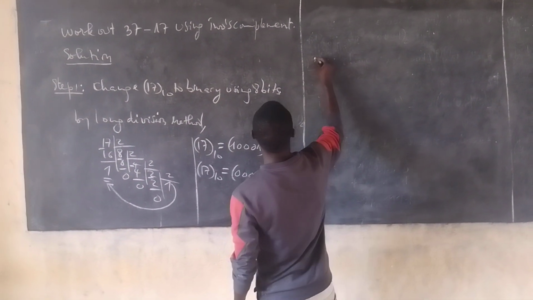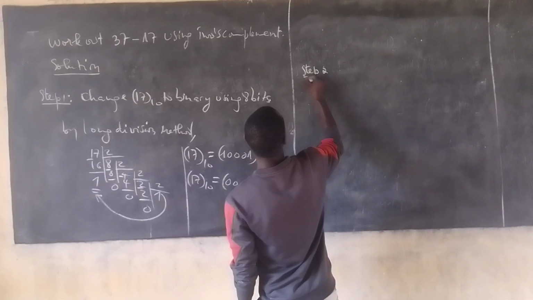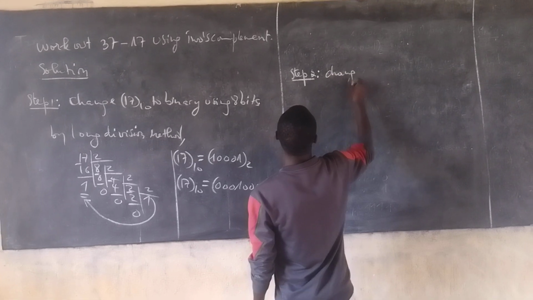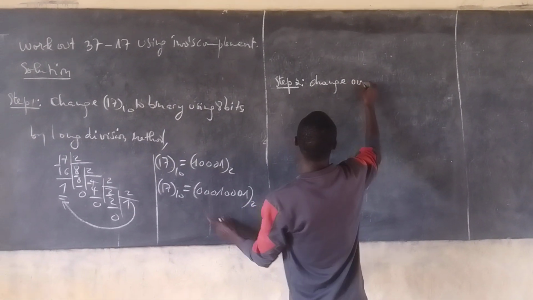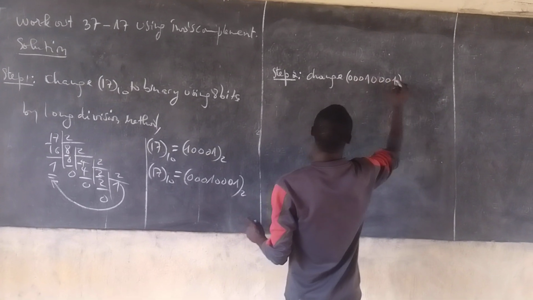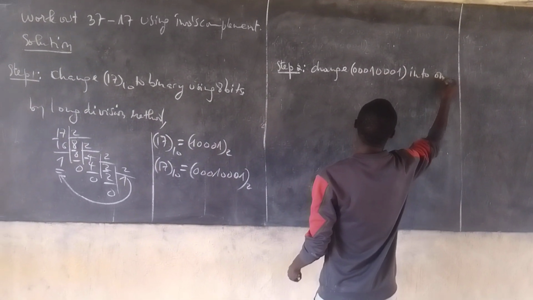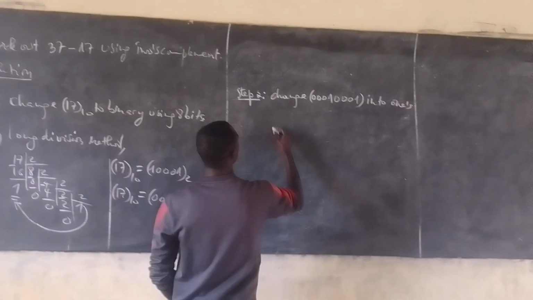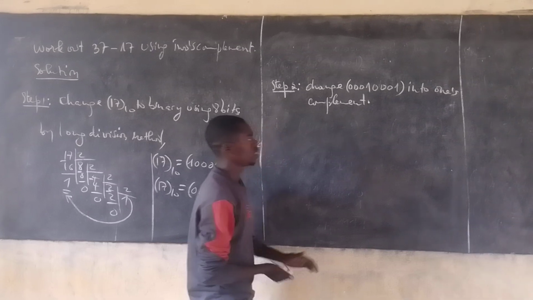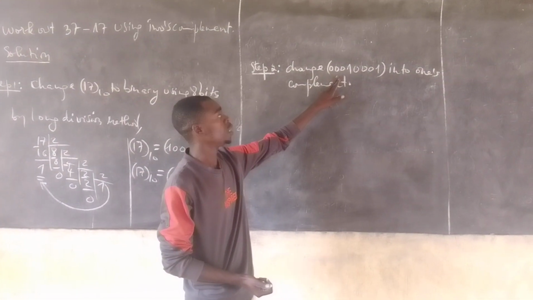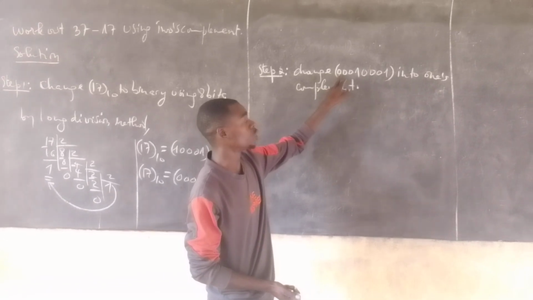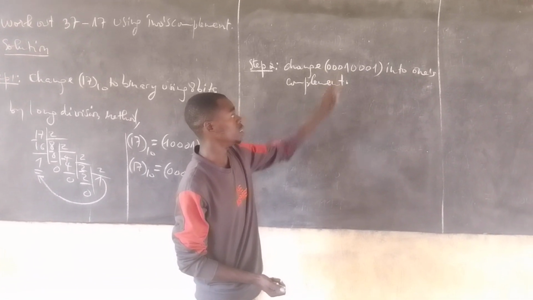Step 2: change these bits, 0, 0, 0, 1, 0, 0, 0, 1, into the 1's complement. To get the 1's complement, we invert the bits: we convert 0 into 1 and 1 into 0.